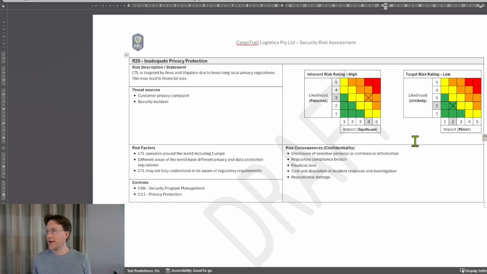For the target risk rating, we can reduce the likelihood down to unlikely, reduce the impact down to minor. Therefore, we have a target risk rating of low. This is because we can understand what our obligations are to make it less likely that we have inadequate privacy protection in place.